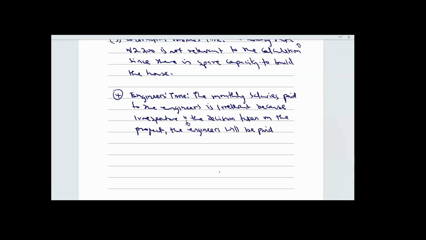All right, whether the company executes this project or not, the company will have to pay the engineers. All right, so that's 475,000 naira is irrelevant.